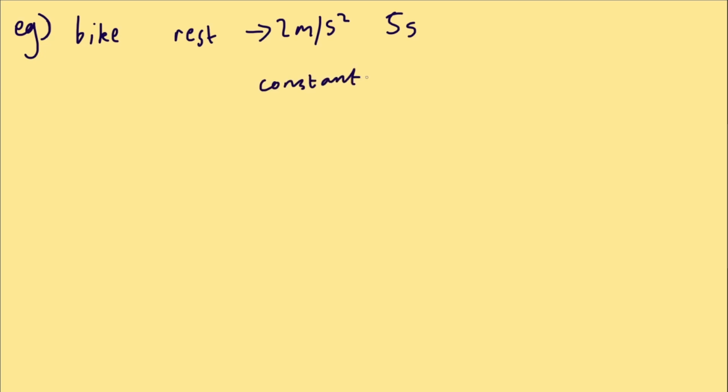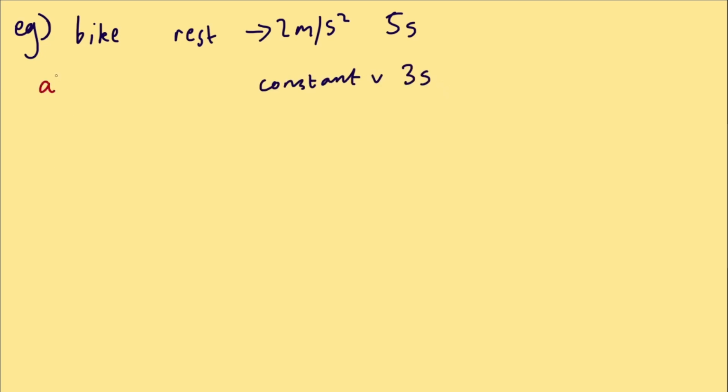Now I'm going to give you your own problem to try and solve. Get ready to do some thinking. So we have a bike, and it starts at rest and accelerates at 2 meters per second squared for 5 seconds. And then it travels at a constant speed for another 3 seconds.